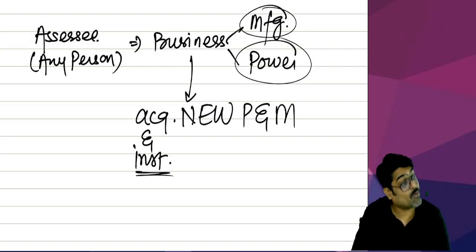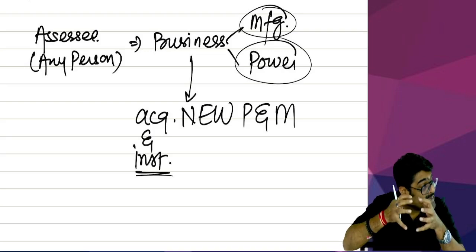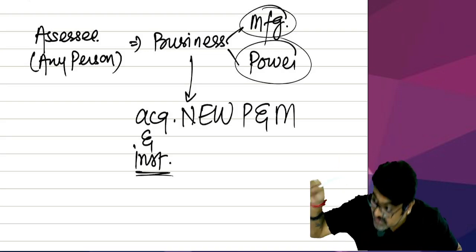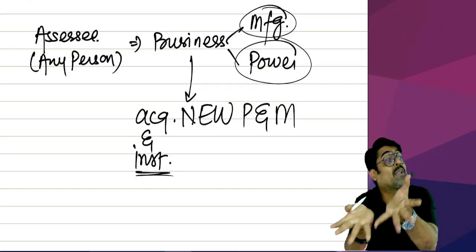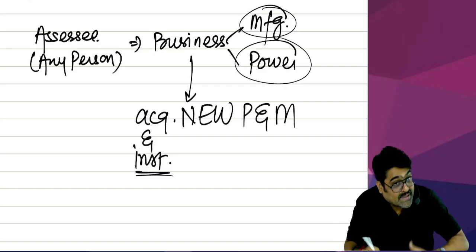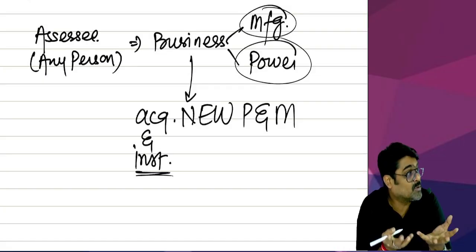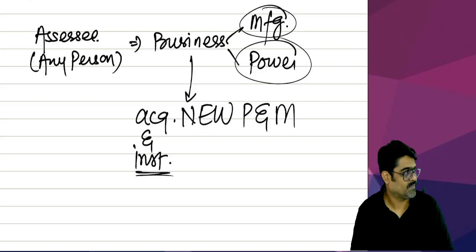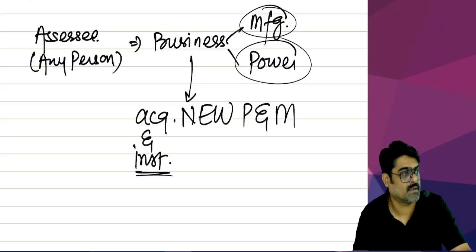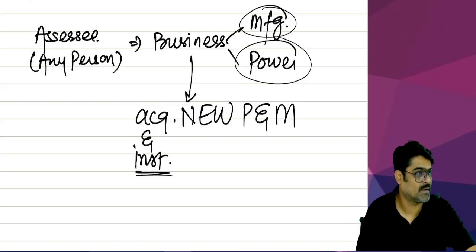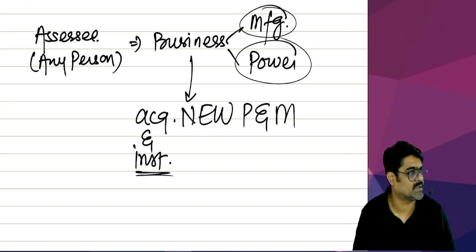So you have to acquire and you have to install that plant and machinery in this business, meaning the plant and machinery must be used for manufacturing. The plant and machinery must be used for power generation, power distribution, power transmission. The use must be for production, manufacturing, or power generation, power distribution, power transmission.